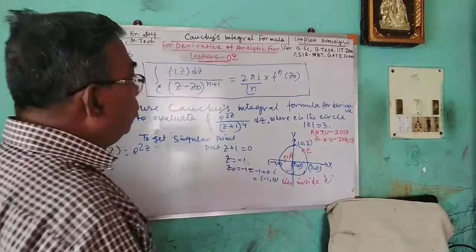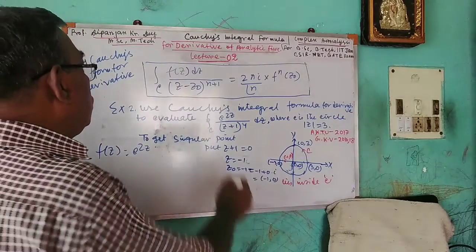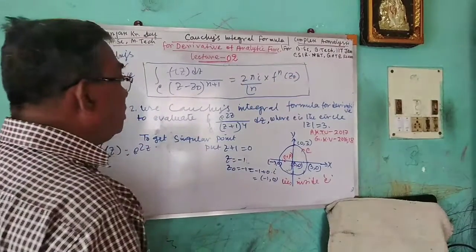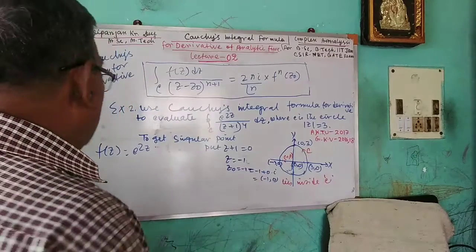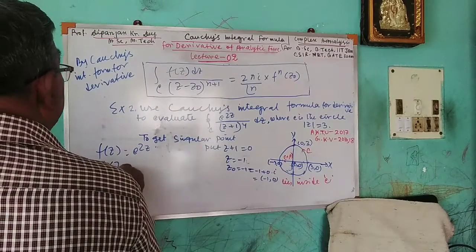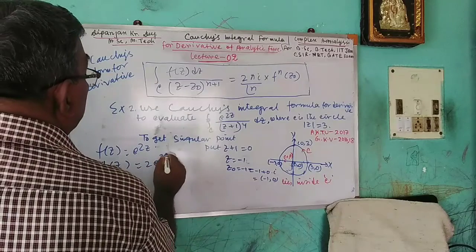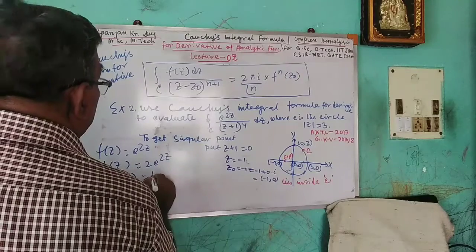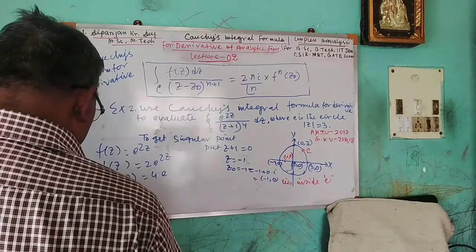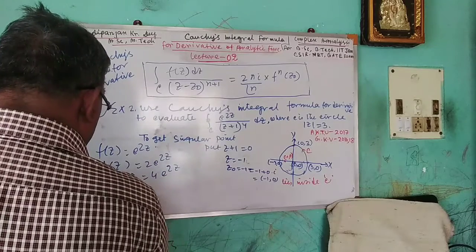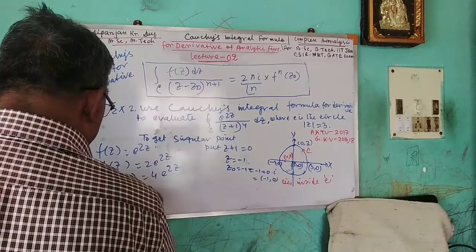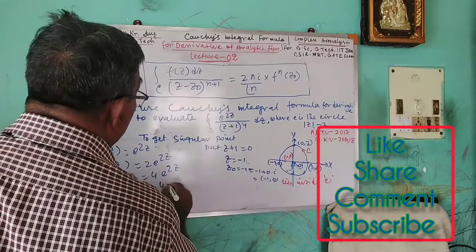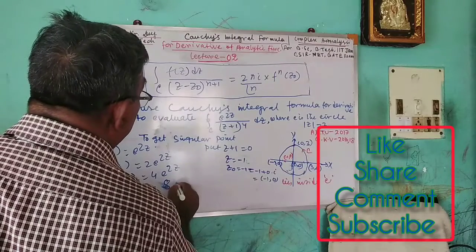If we put n equal to 3, that means we need f triple dash of Z0. f dash z is equal to 2 e to the power 2z. f double dash z is equal to 4 e to the power 2z, and f triple dash z is equal to 8 e to the power 2z.